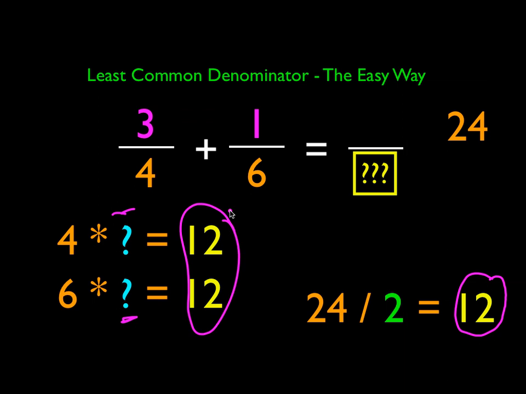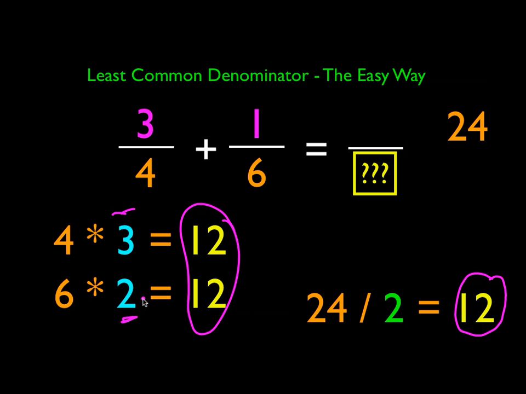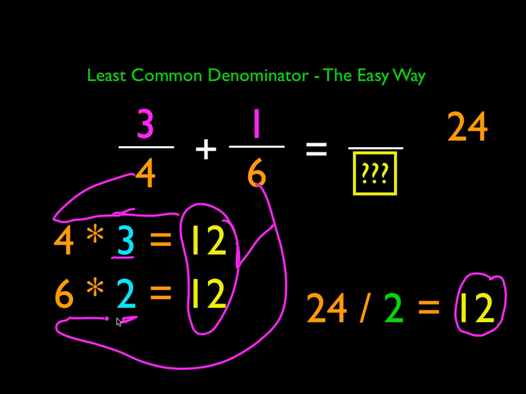And the answer, of course, is yes. 4 times 3 is 12 and 6 times 2 is 12. So that means this is a common denominator because it's a whole number. 4 times a whole number equals 12, and 6 times that whole number is 12. So 12 is a common denominator.